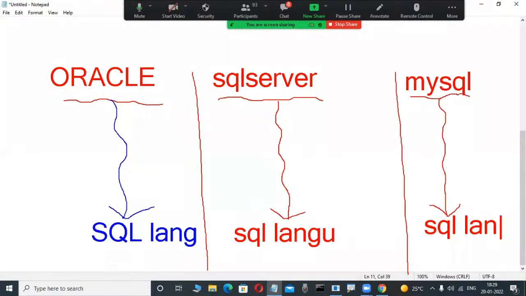Now what is my doubt? So many people attending this demo class have the same doubt: are all these SQL languages the same or different?